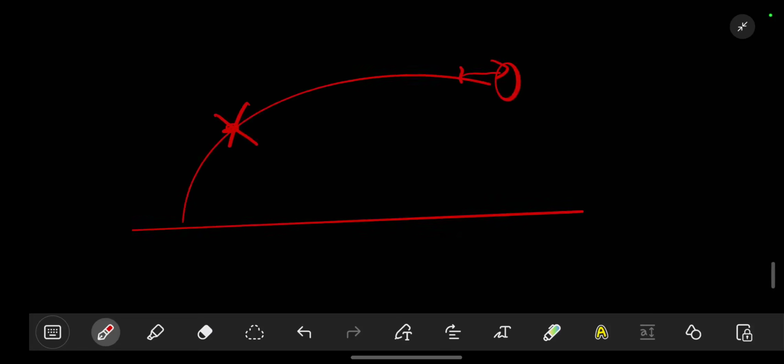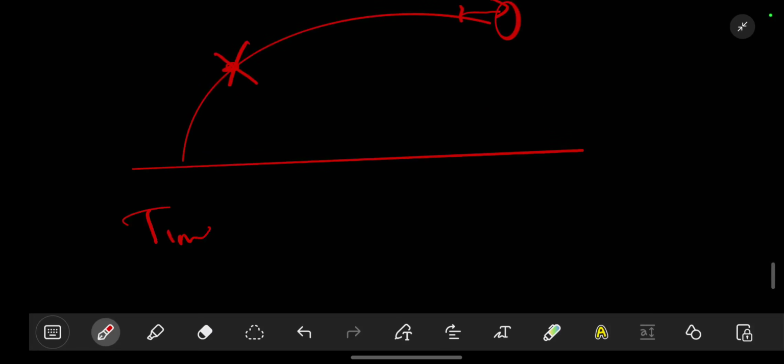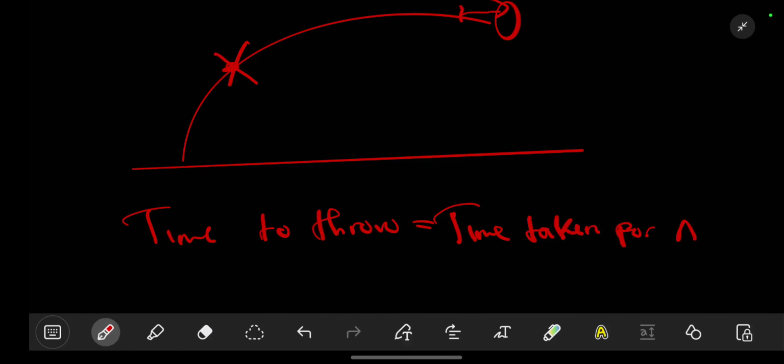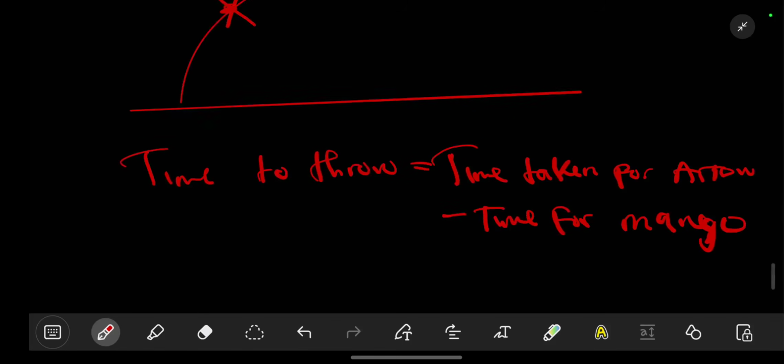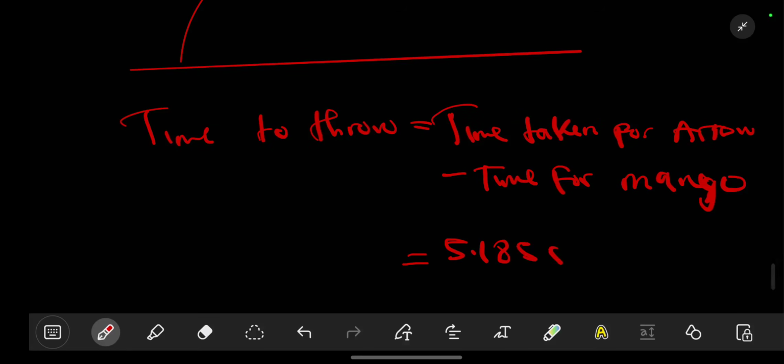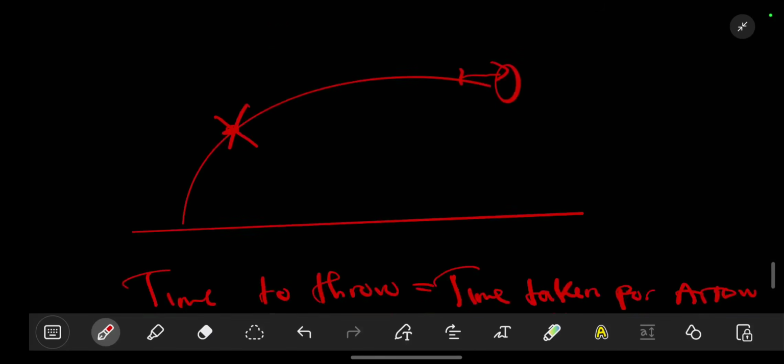Now how do you find that time? The time to throw is equal to the time taken for the arrow minus the time for the mango to reach the same height, which is 5.189 seconds minus 3.097 seconds.